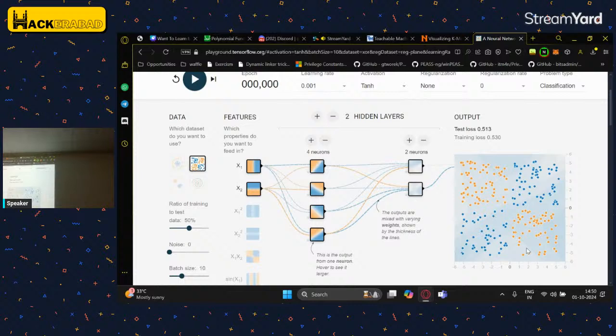Can we separate that data with a single line? No. Okay. One of you said no. What about the rest of you? Can we or can we not? Not a curve.